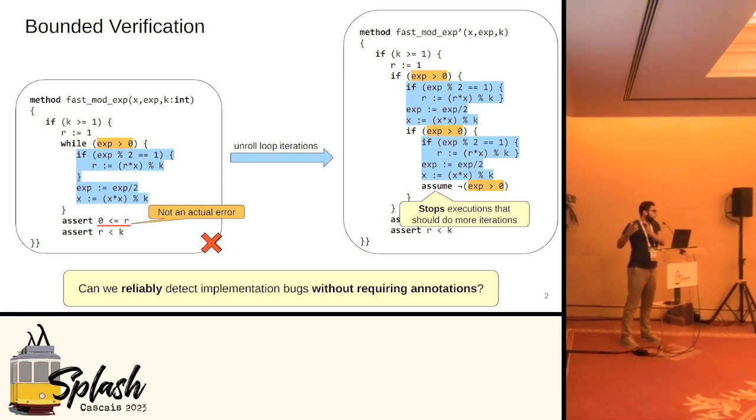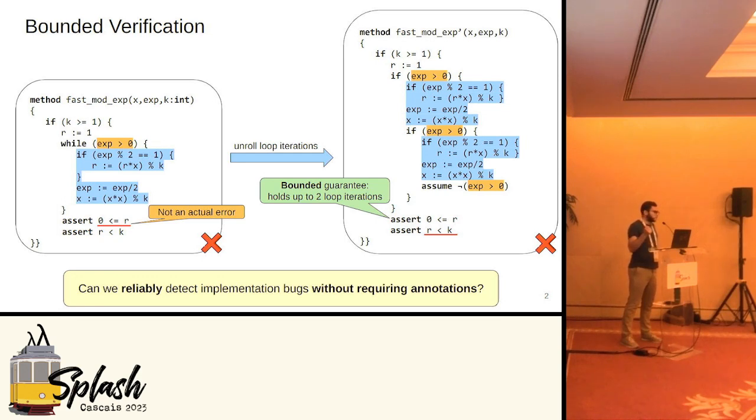Now we have gotten rid of the loop, we can run our verifier again, and now we will have this. So verification fails, but on a different assertion, which gives us first a bounded guarantee that this first assertion will hold for any input x and k for as long as the execution is at most 2 loop iterations. And then the second one is an actual error here.